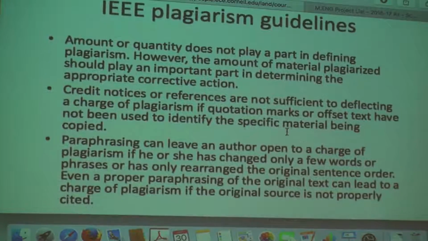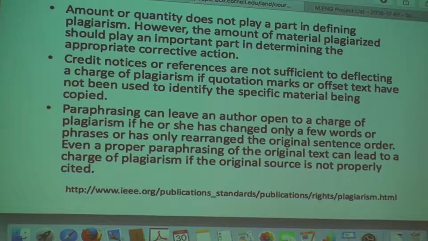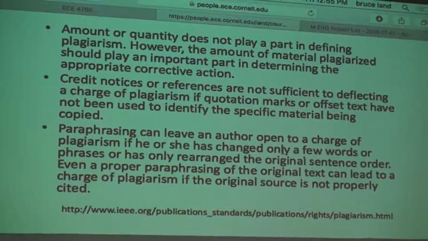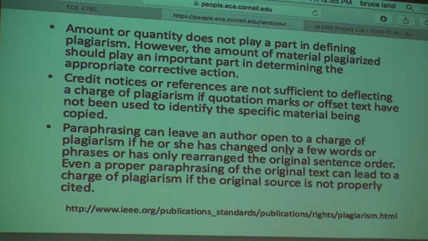The IEEE plagiarism guidelines say that the amount or quality does not play a role in defining plagiarism, but the severity of the action taken against the person is determined by the quantity of copied material. It also says that it is not sufficient to just say, we use the material from this paper.